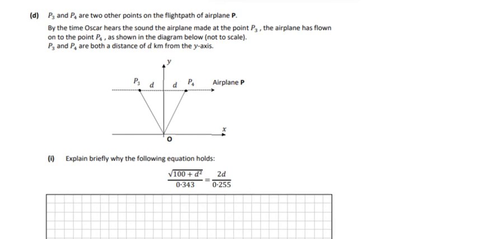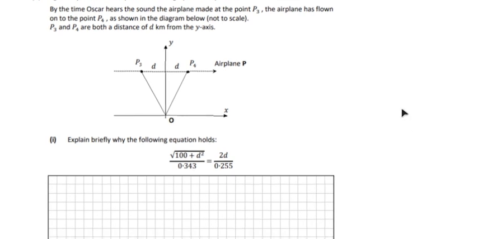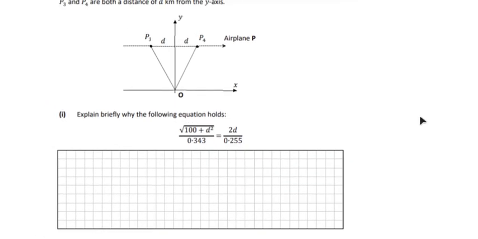So let's just think about the distance from P3 to Oscar first, so just that distance there. We know, remember from before, that this was 10, so from O up to the line, directly up vertically, is 10.